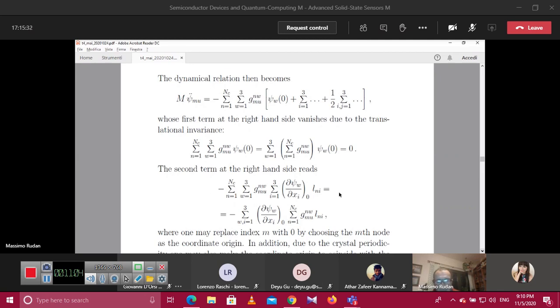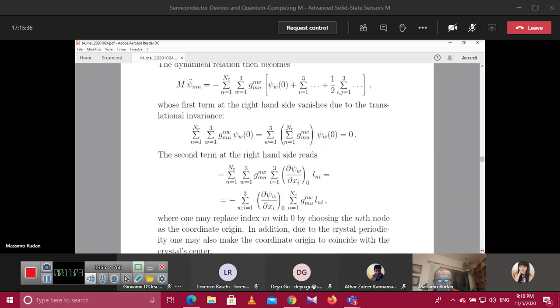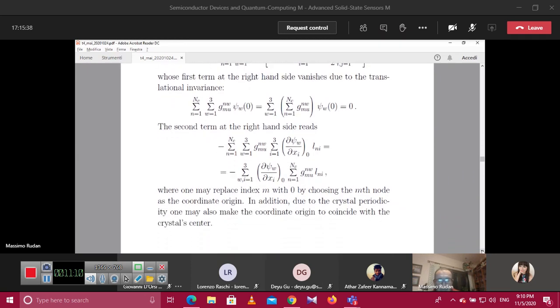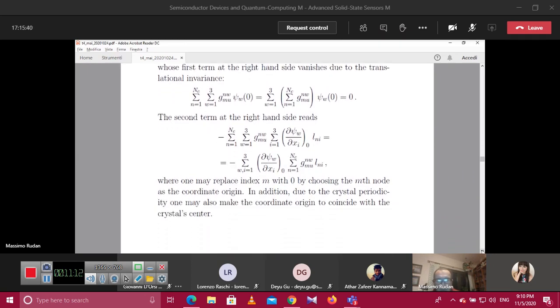Then we have to repeat the analysis for the first order term. So we now write down the first order term. We have the first derivative here, L and I. N is the index cell, I is the coordinate index.